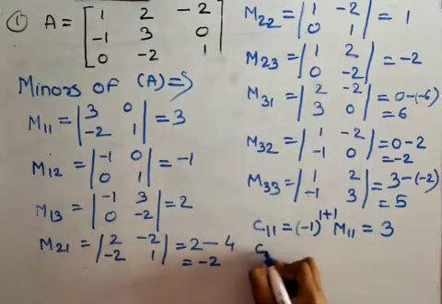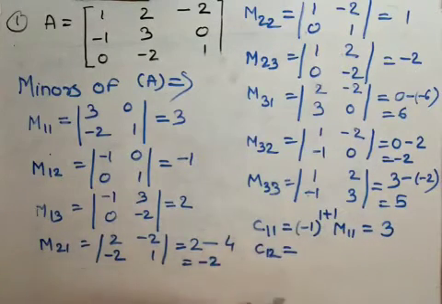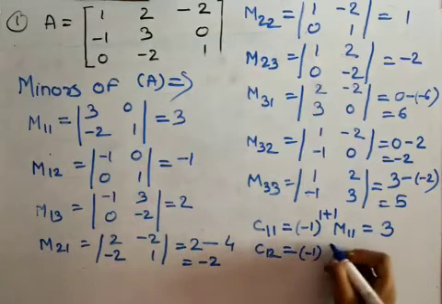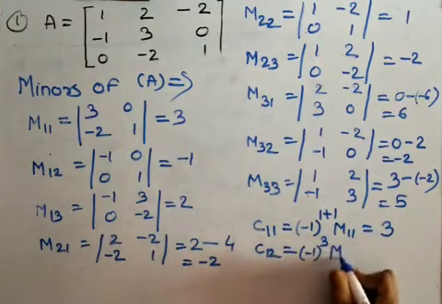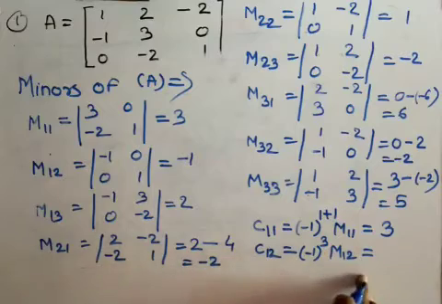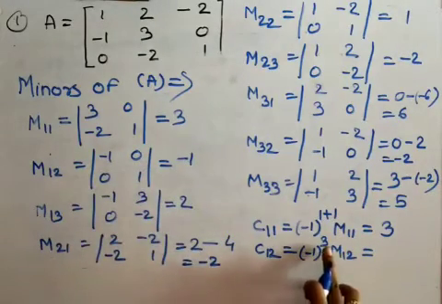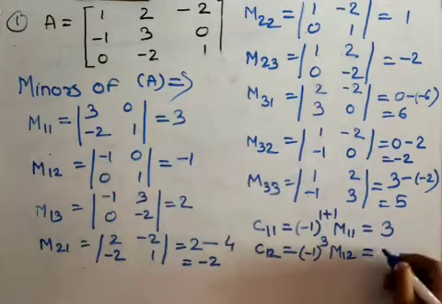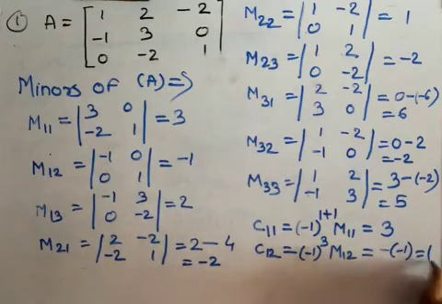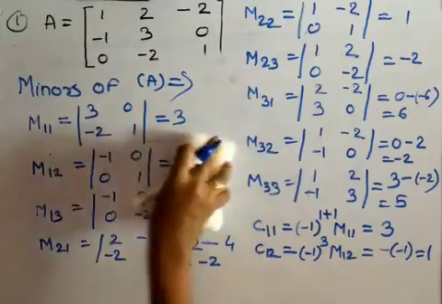So the answer is 3. Next, C12. Minus 1 raised to 1 plus 2, that is 3, into M12. The answer is minus 1 raised to 3 is minus 1, minus of minus 1, which is plus 1.